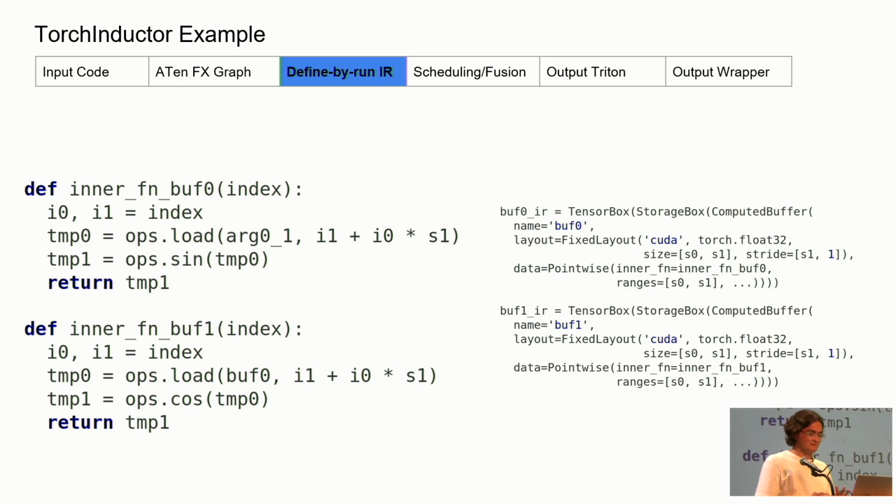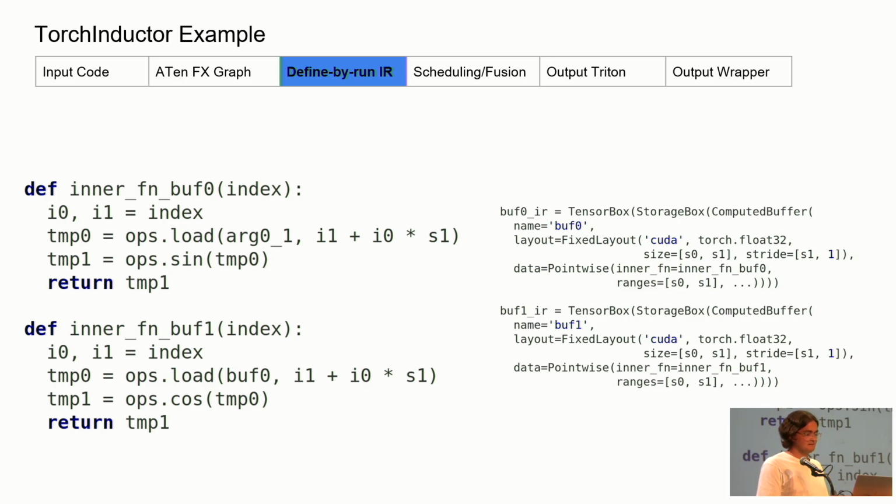And on the right, we have the corresponding IR. As we mentioned earlier, it's a lot of the same abstractions that PyTorch uses. So there's storages, tensors, and layouts. The ranges say how many elements we're going to compute.